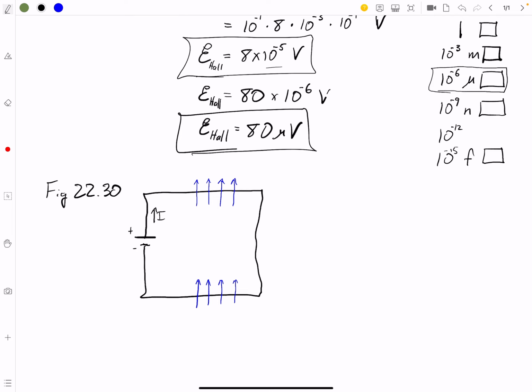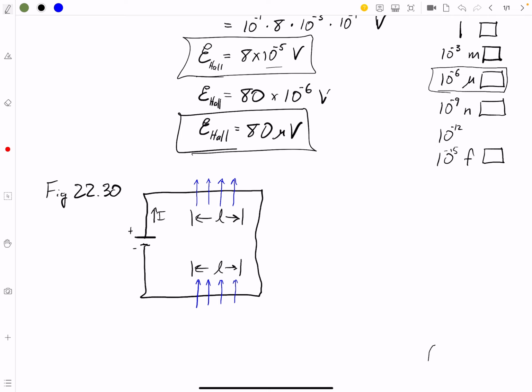Okay, the range that we're doing it over is L. So L is equal on both sides. Our B field's going up. Our current's going to the right. So you do that right-hand rule thing.